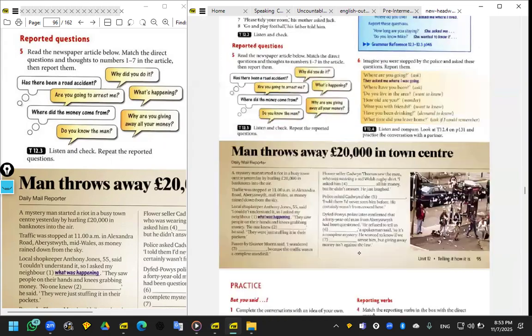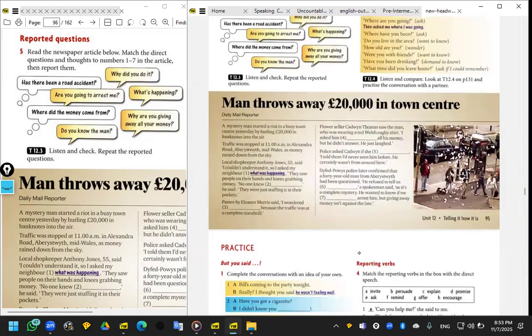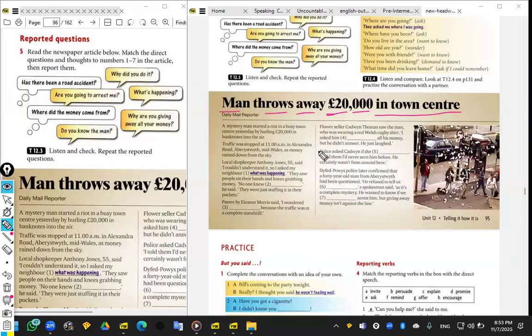Okay. I think we have a recording, but before we listen to the recording, we have to do it ourselves. You have to do it yourself, guys. Now, the title of the article is Man Throws Away 20,000 pounds in town center. So let's try to read it. I'm sorry, but I think I have to drag my pen.